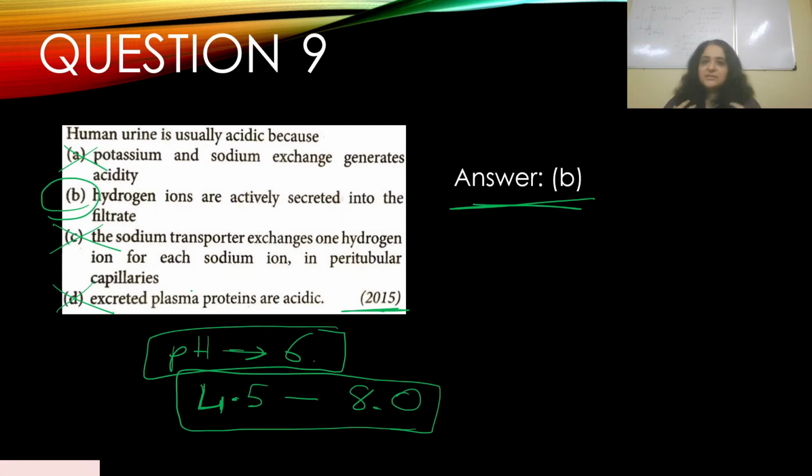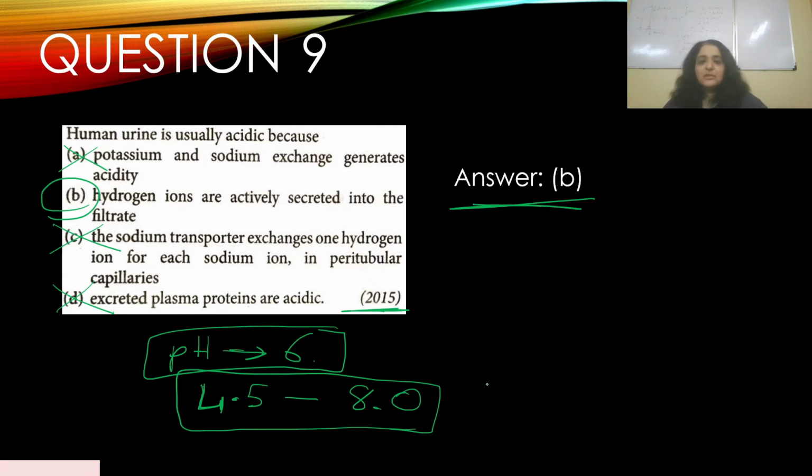When these acids are secreted out, bicarbonate ions are also reabsorbed. For every H plus ion that is secreted, there's a bicarbonate ion being reabsorbed back into the blood.